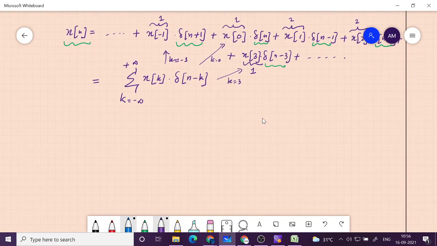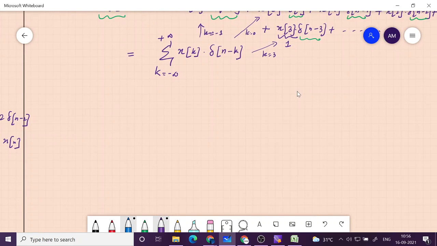So that is what we wanted to achieve. What did we achieve? We got a very important result: any given function can be written as a sum of an infinite number of functions, where each function is basically an impulse function shifted and amplitude scaled.